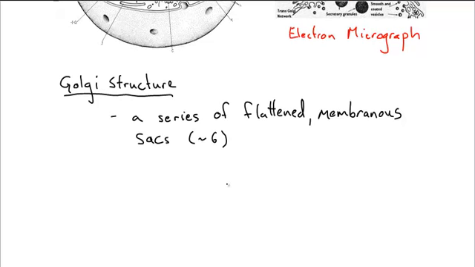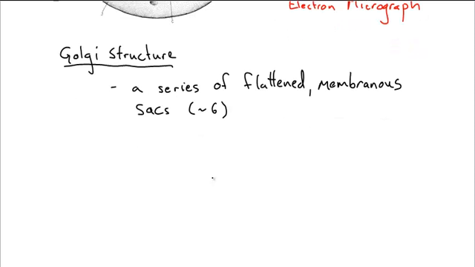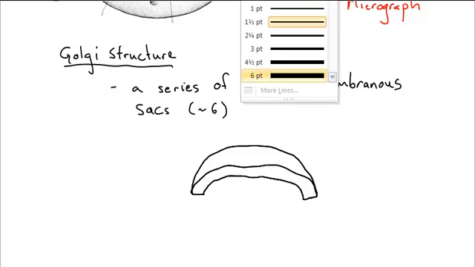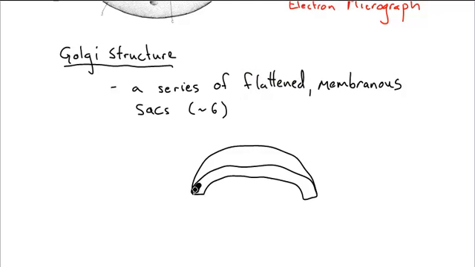And I said they had the cis and trans phase, so what I'm going to try and do is draw for you an example of the Golgi. Okay. And the tough thing here is going to be to color in this portion.